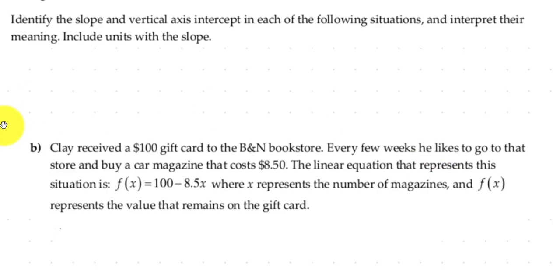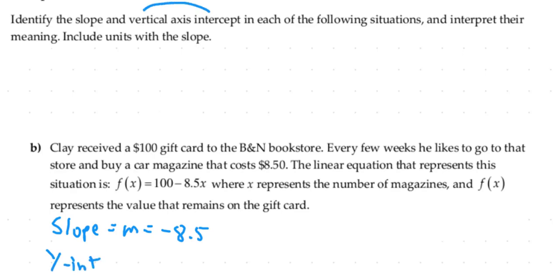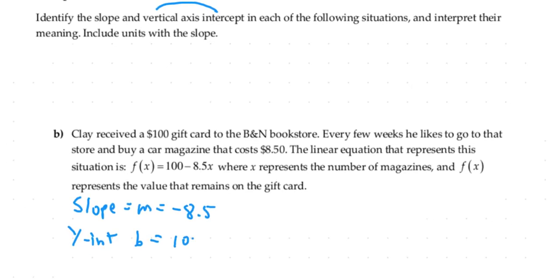I'm going to say that my slope is the $8.50, but it's negative, right? Because that represents a decline. And the y-intercept, which is also the same thing as your vertical axis intercept, that's your b, in this case is 100.